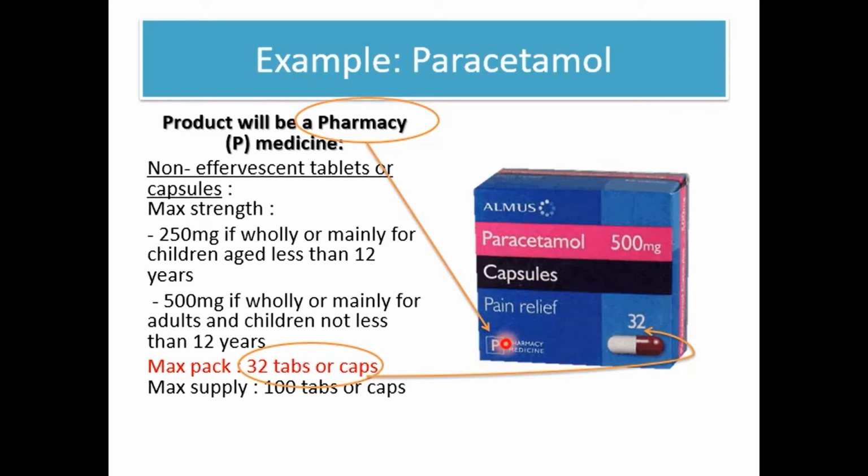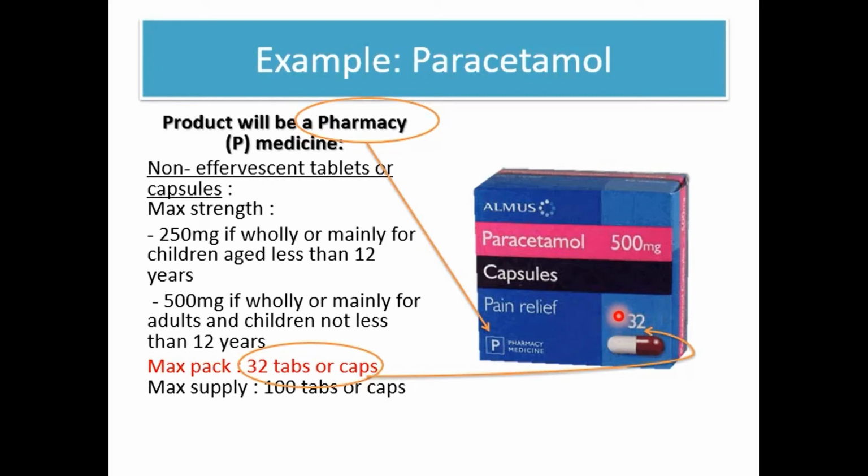But ultimately, it will have a small square with a P inside it, denoting that it's a pharmacy medicine somewhere on the packaging. And that will give you the indication that this product is licensed as a pharmacy medicine. And then it will be a maximum pack size of 32.